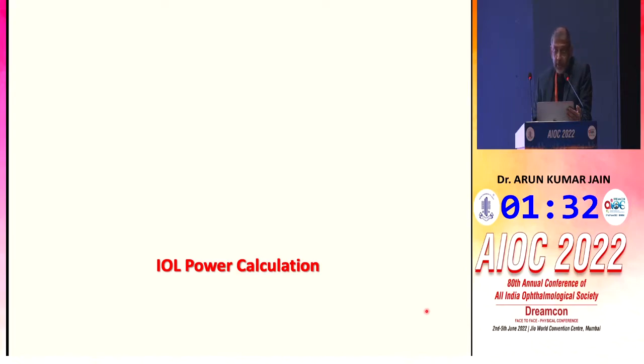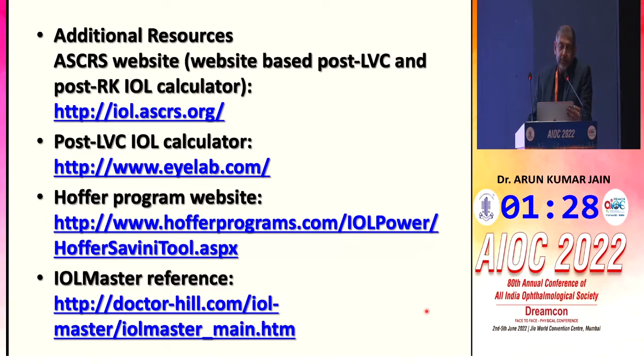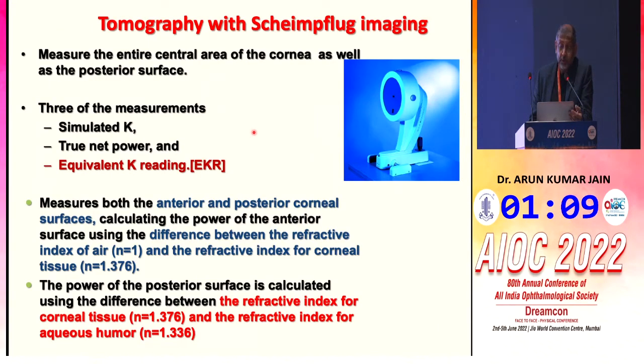Coming to IOL power calculation in post refractive surgery patients, if you don't have a Pentacam, you don't have to worry. You can go online. There is the ASCRS website as well as APACRS, where you can find all these online calculators. But you can also use the tomography.